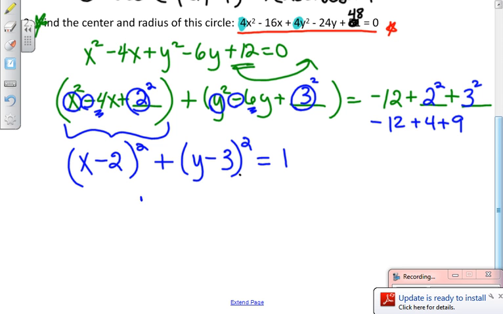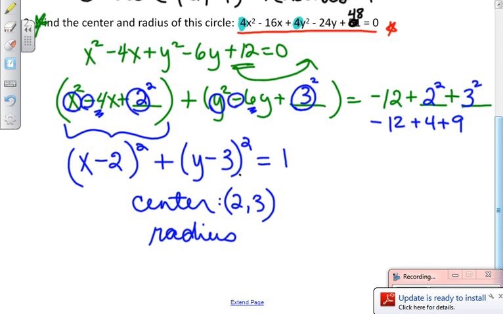And so my center is at 2, 3, and my radius, square root of 1, is 1.